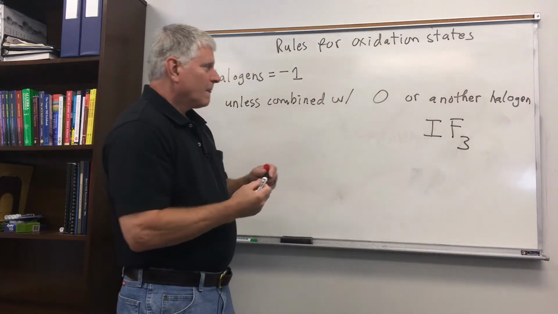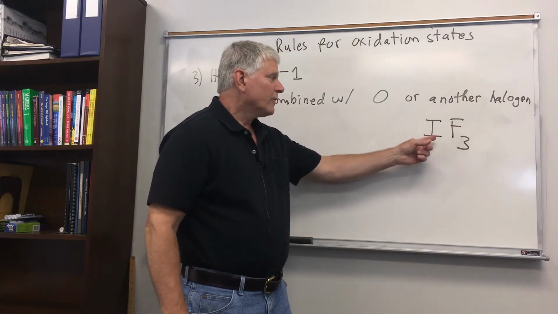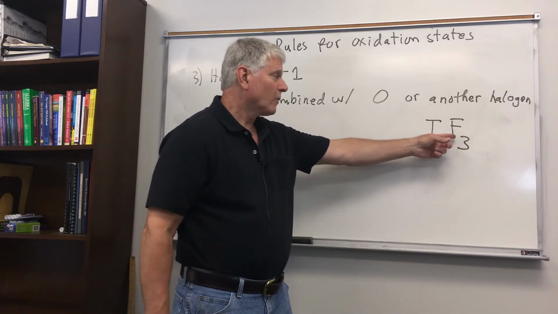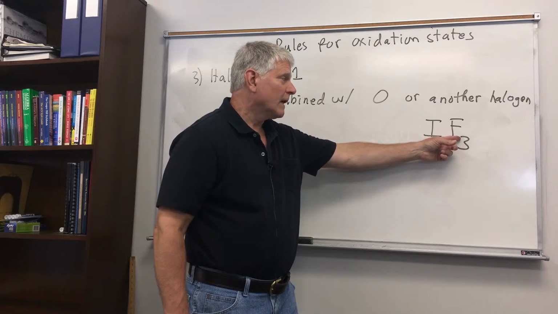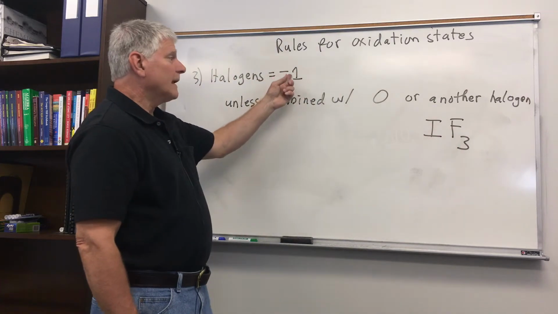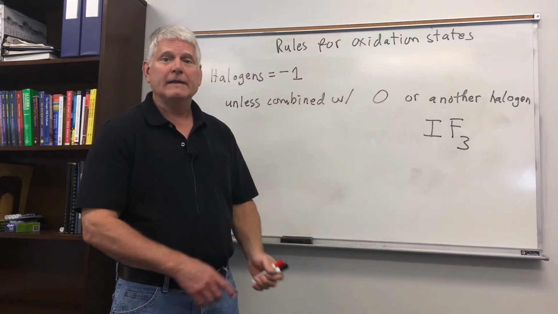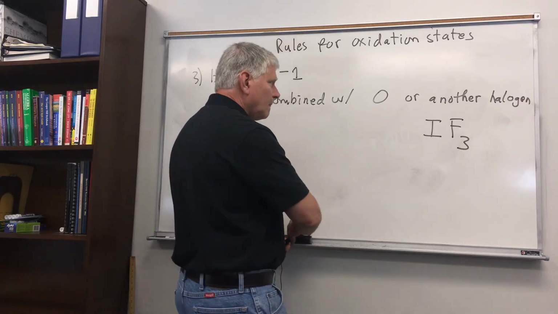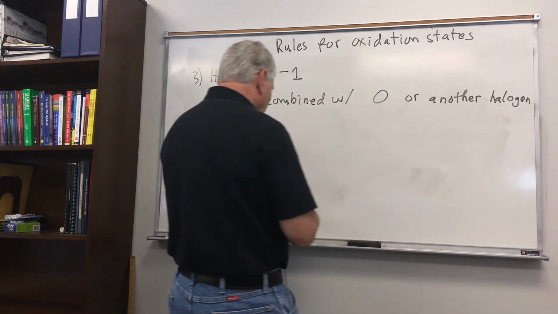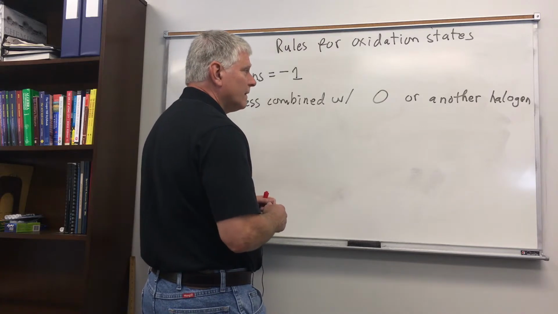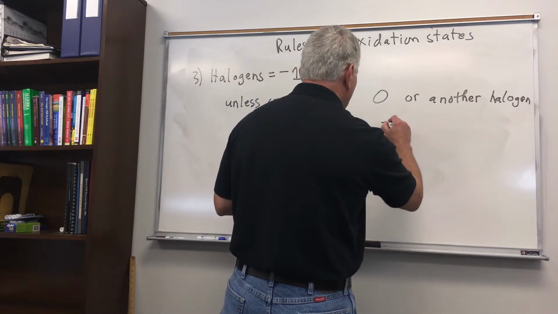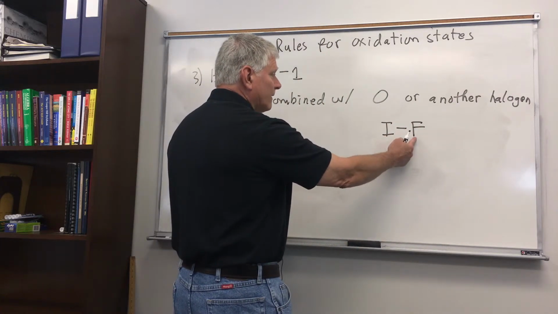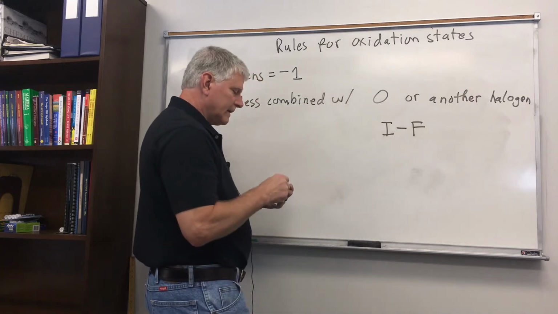IF3, then the fluorine is smaller than the iodine, less number of electrons, and so the fluorine would take precedence. So we would assign each fluorine atom a -1 and then assign the iodine what's necessary to balance the charge. Or if we had IF, we would assign the fluorine atom -1 first and then the iodine second.